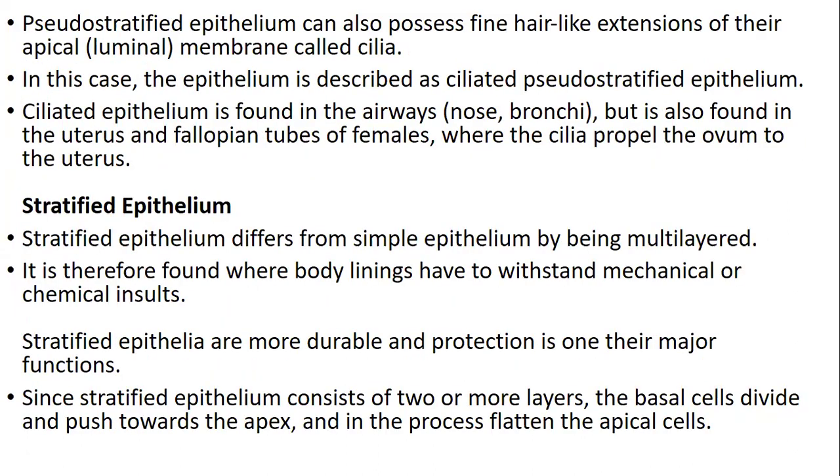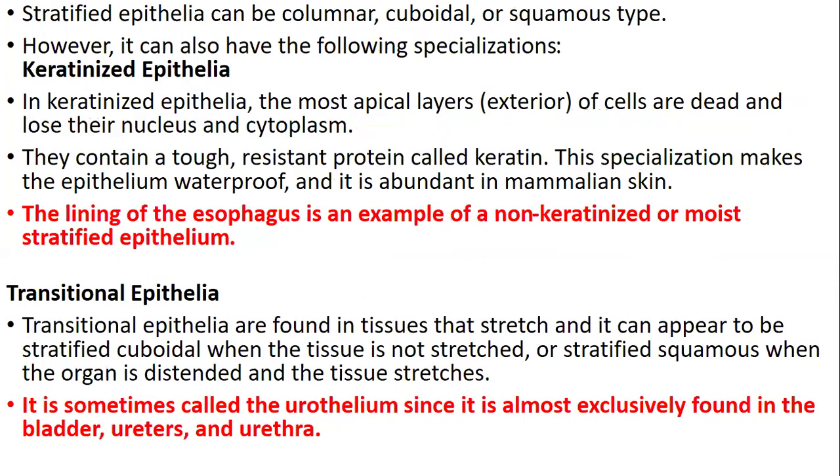Yeah, so this is what we have talked about. The only thing that we have not touched from our presentation is the keratinized epithelium. Okay, the keratinized epithelium. In keratinized epithelium, the most apical layers, which are the exterior layers of the cells, are dead and lose their nucleus and cytoplasm.